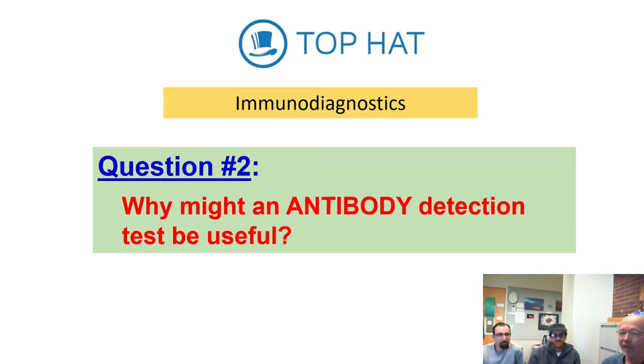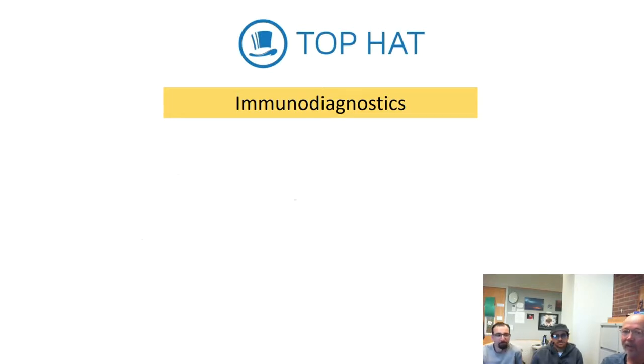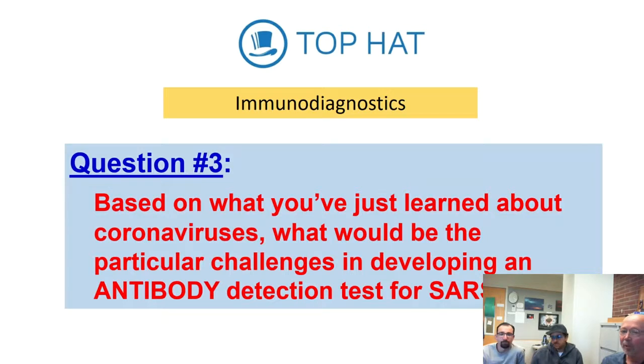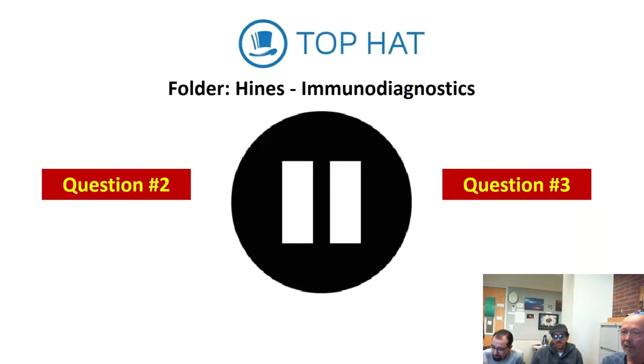What might be an advantage or something specific about an antibody test versus a genetic test that we just described? And the next question to consider is, based on what you just learned about coronaviruses, including SARS-CoV-2, what would be the particular challenges in developing an antibody detection test that could be used to detect SARS-CoV-2 infection?